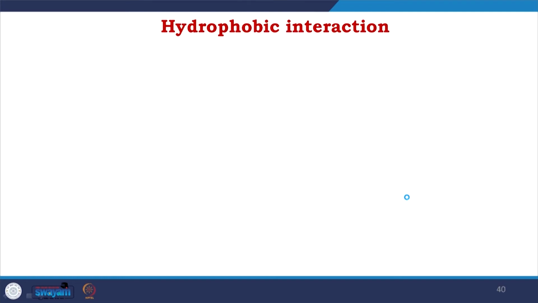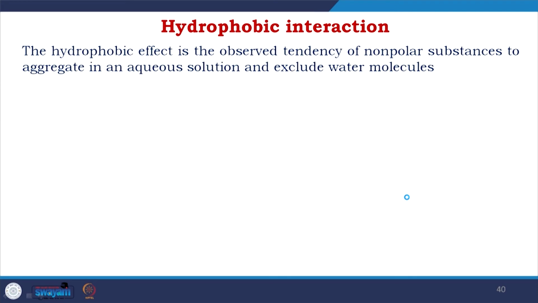Coming to the next one, hydrophobic interaction. The hydrophobic effect is the observed tendency of non-polar substances to aggregate in an aqueous solution and exclude water molecules. So, they are hydrophobic, they fear water, they want to exclude the water.